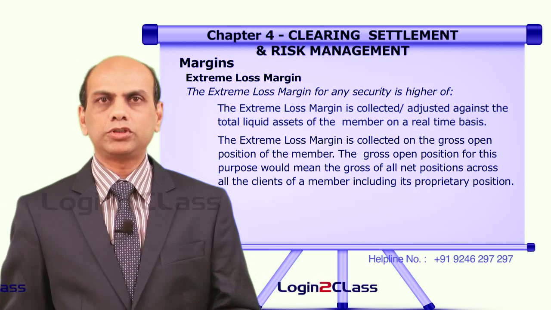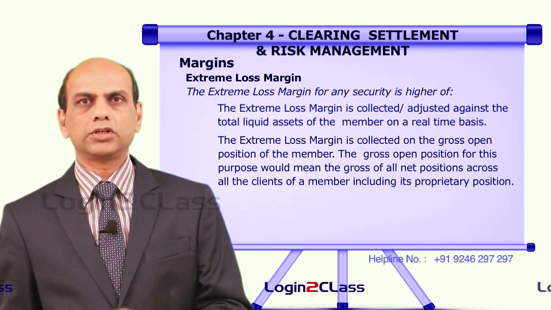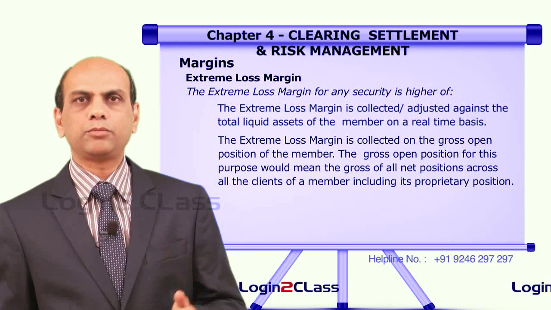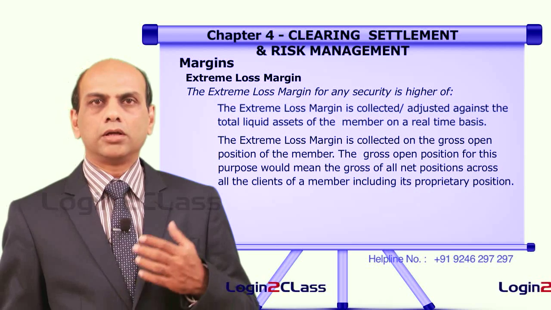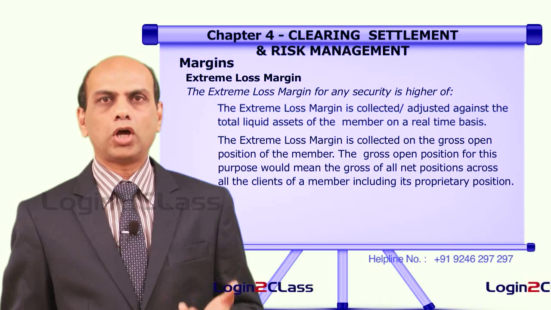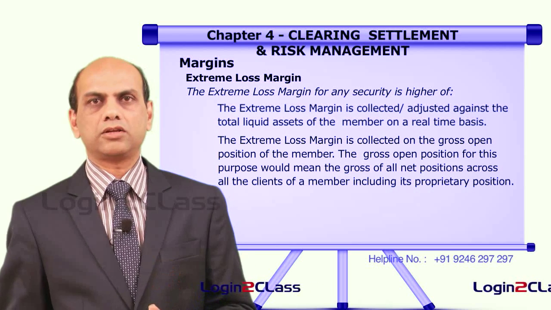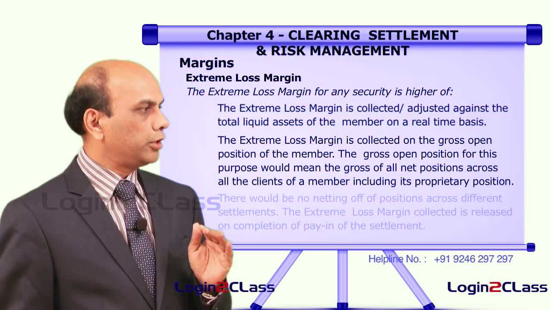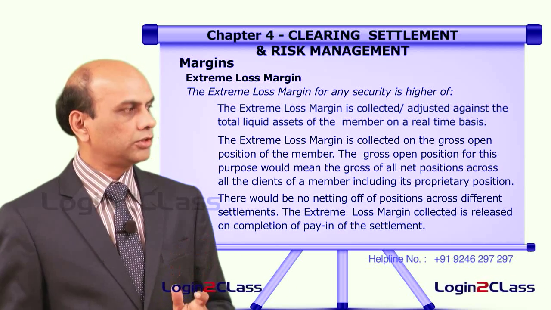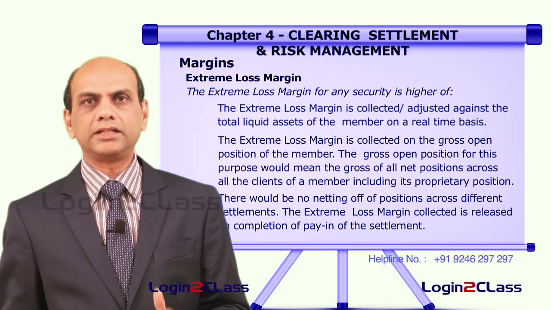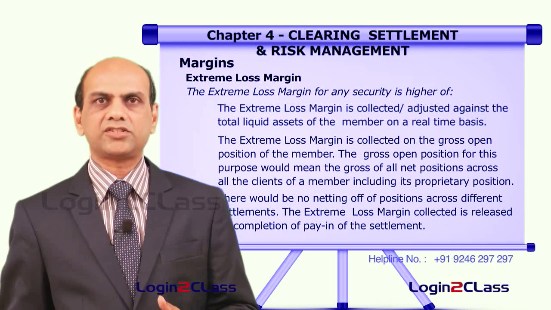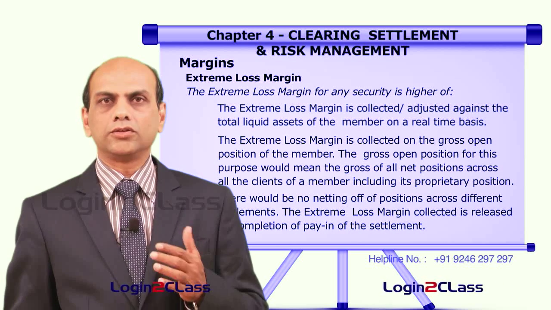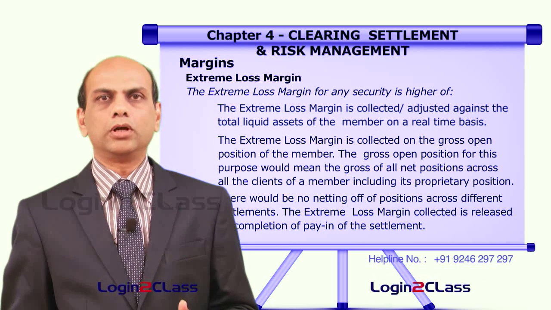So, his positions and his clients' positions, both will be used to arrive at the gross net positions for the purpose of extreme loss margins on the securities which they are transacting. There would be no netting of positions across different settlements.